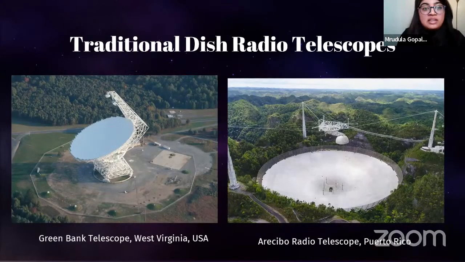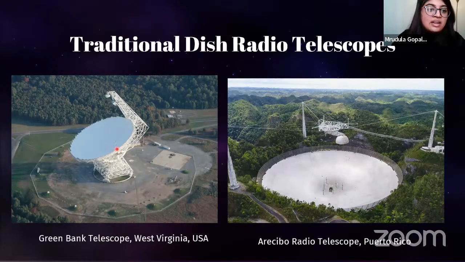So you might be familiar with dish telescopes. These have been featured in movies. If you have watched the movie Contact by Carl Sagan, Arecibo was featured in that. These are single dish telescopes, which means that there's a large dish. When you think of telescopes, think about them as light buckets, because all you're trying to do is collect more light.